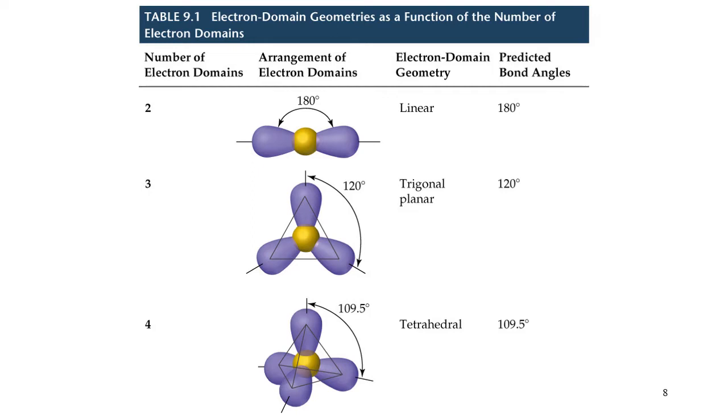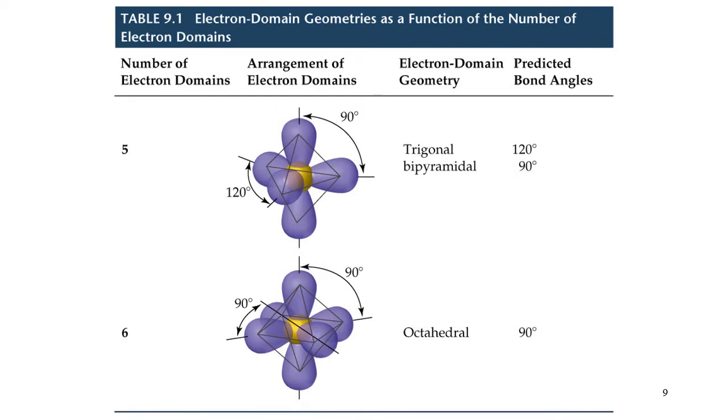For 3 electron domains, we call it trigonal planar with a bond angle of 120 degrees. For 4 electron domains, we call it tetrahedral, so the angle between the atoms is 109.5.